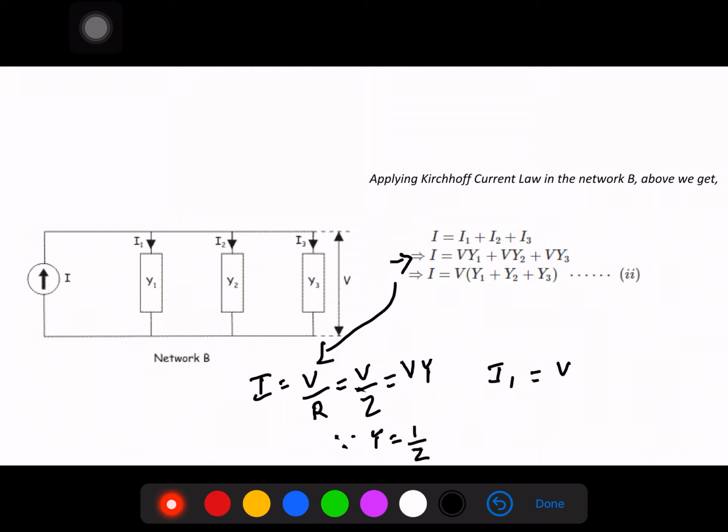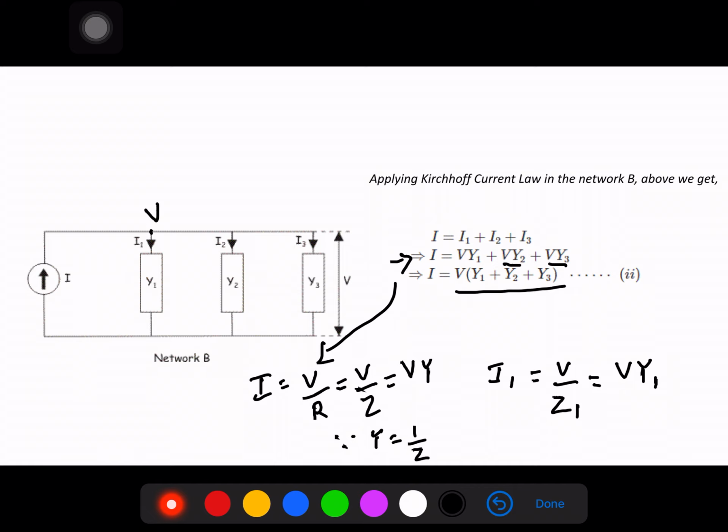I1 will be V by Z1, where V is the node voltage, equal to V Y1. Similarly, I2 will be V Y2 and I3 will be V Y3, and we get this equation, right?